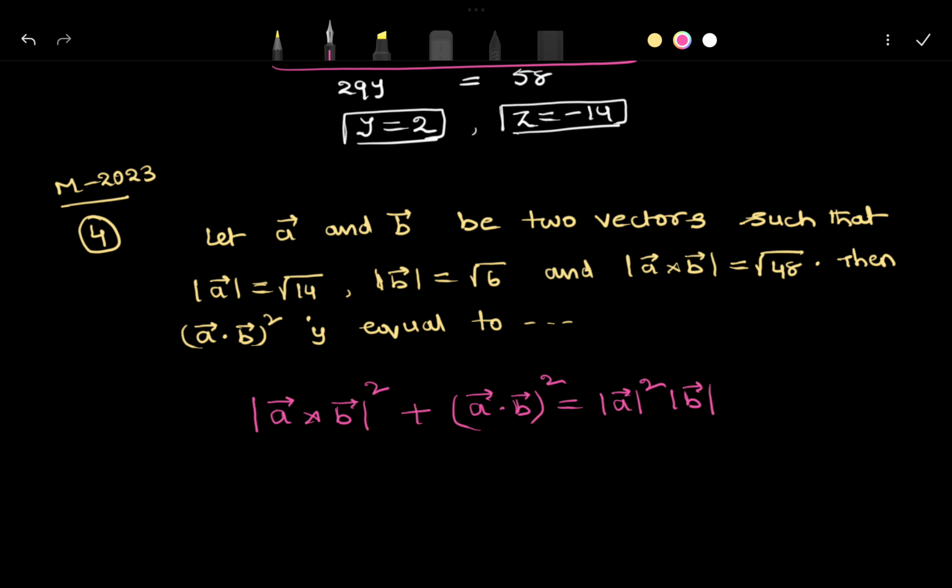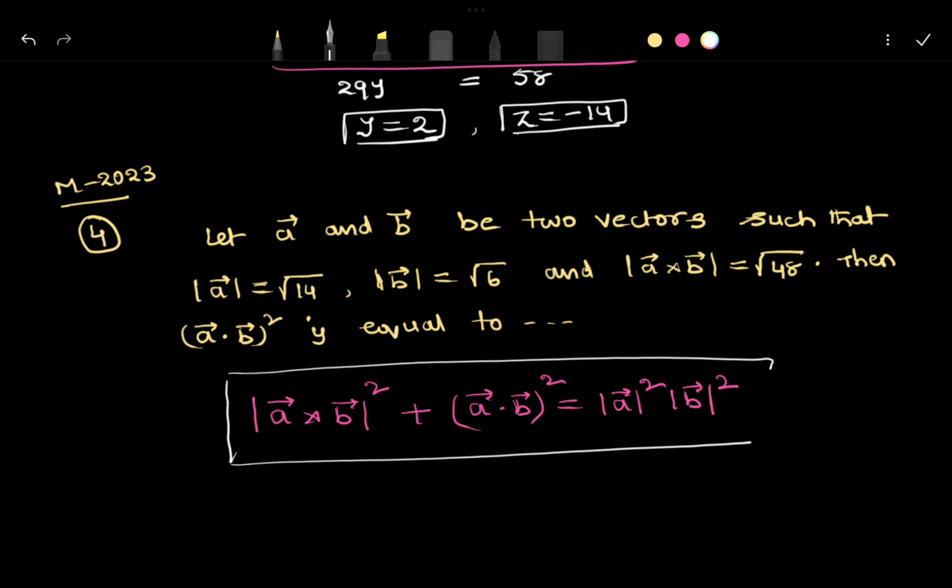By using this formula you can find out the required value. I hope everyone is clear how to do this problem. All of you please try yourself, and we will discuss it in the next video.